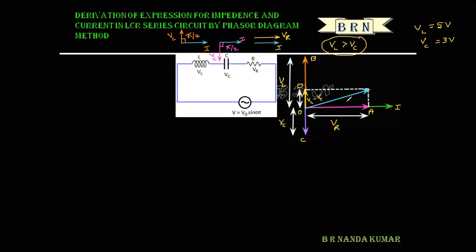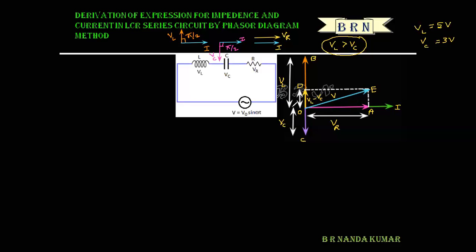Here we apply the parallelogram law of vector addition. Let us consider this as vector OE. Vector OE represents the resultant of VL minus VC and VR. That is V.